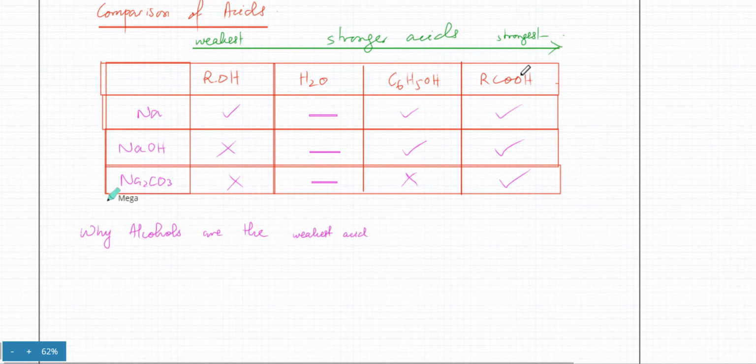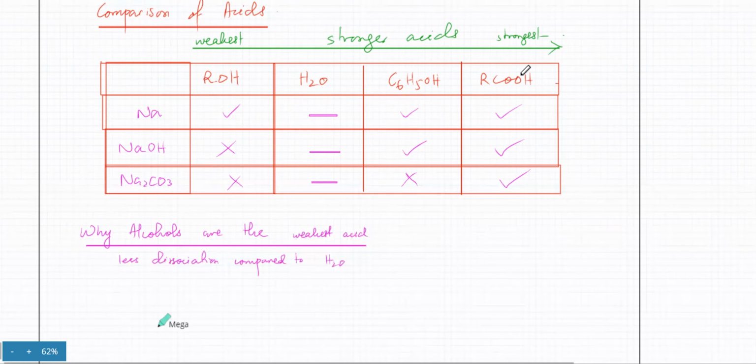And they're so weak that they dissociate even less compared to normal water. So they have a lesser dissociation compared to water.